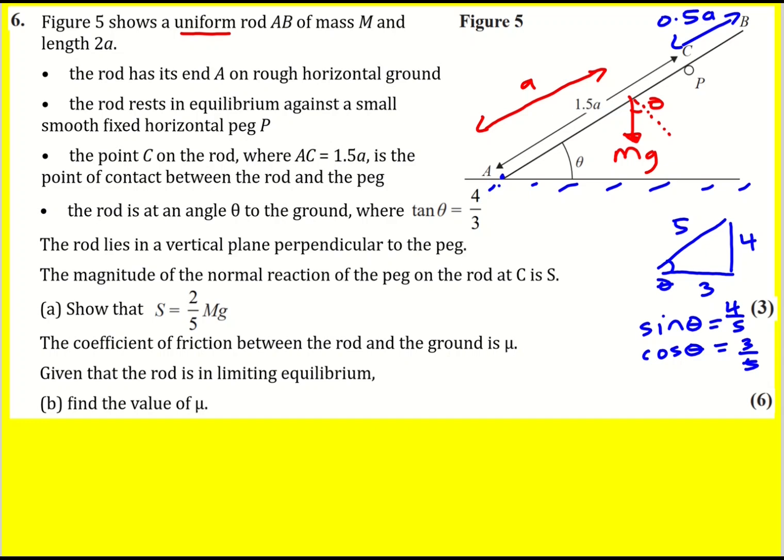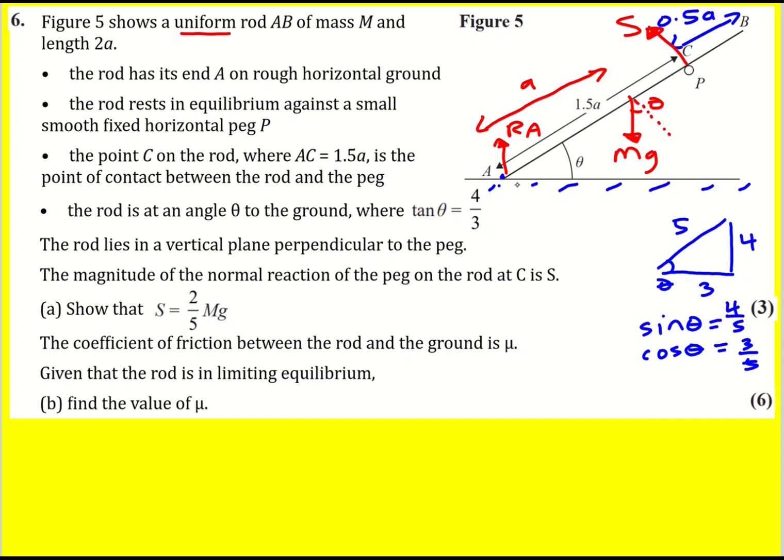Any other forces? Well, we're told that the normal reaction at C is equal to S, so it's going to be going perpendicularly to the rod from the peg, and that is going to be S. And then there's also going to be a normal reaction from the ground, which I will call R, capital R, A. And then finally, we are told that there's rough ground, so there's going to be a frictional force.